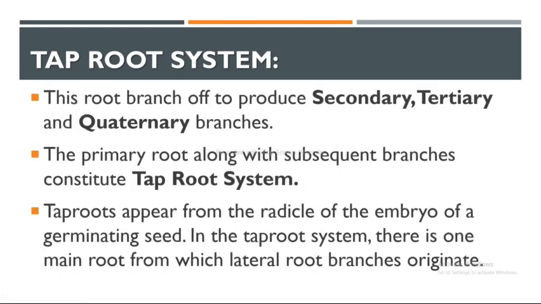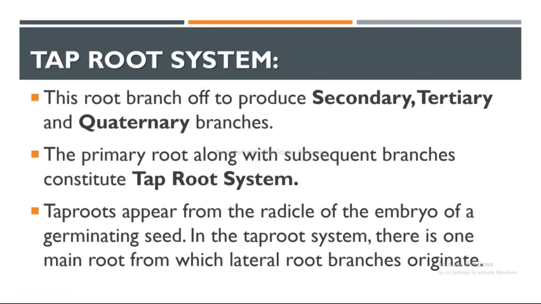This root branches off to produce the secondary, tertiary and quaternary branches. The primary root along with the subsequent branches constitutes a system which is known as the taproot system. Taproots appear from the radicle of the embryo of a germinating seed.